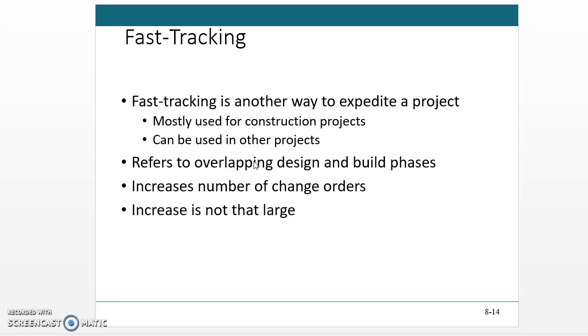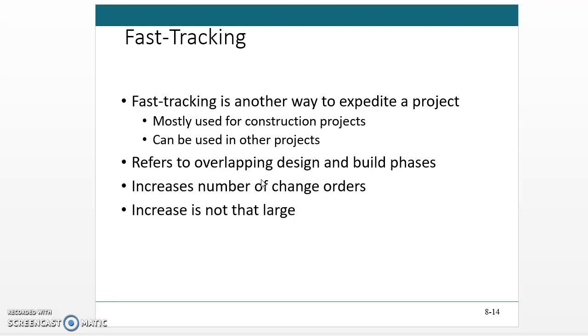And there are certain disadvantages for this approach. One of the disadvantages is that there can be an increased number of change orders and relevant problems with those change orders, and for example more claims and more disputes may arise in certain situations.